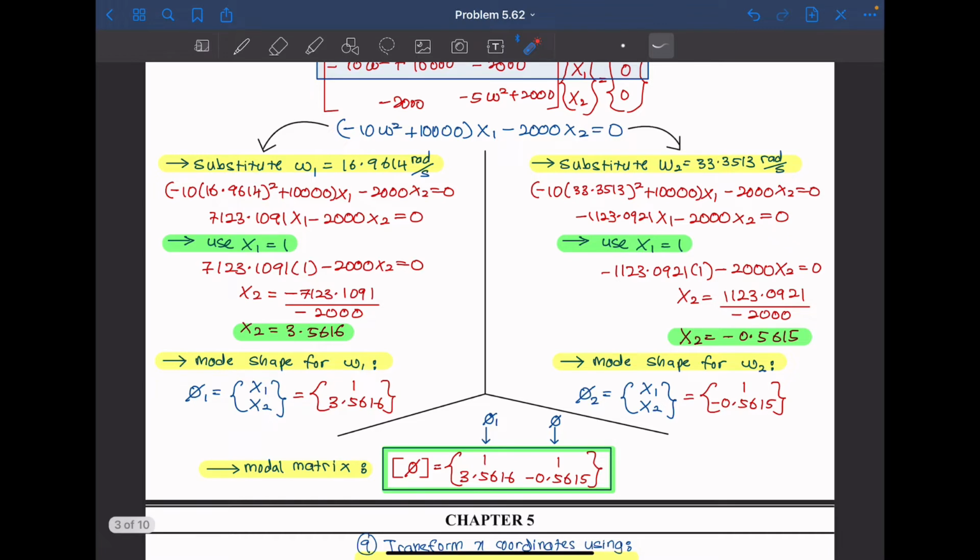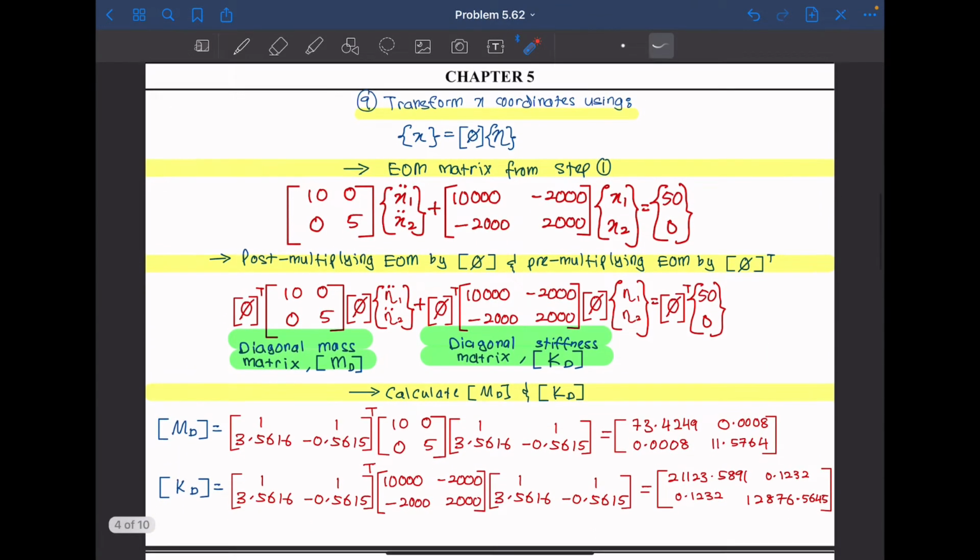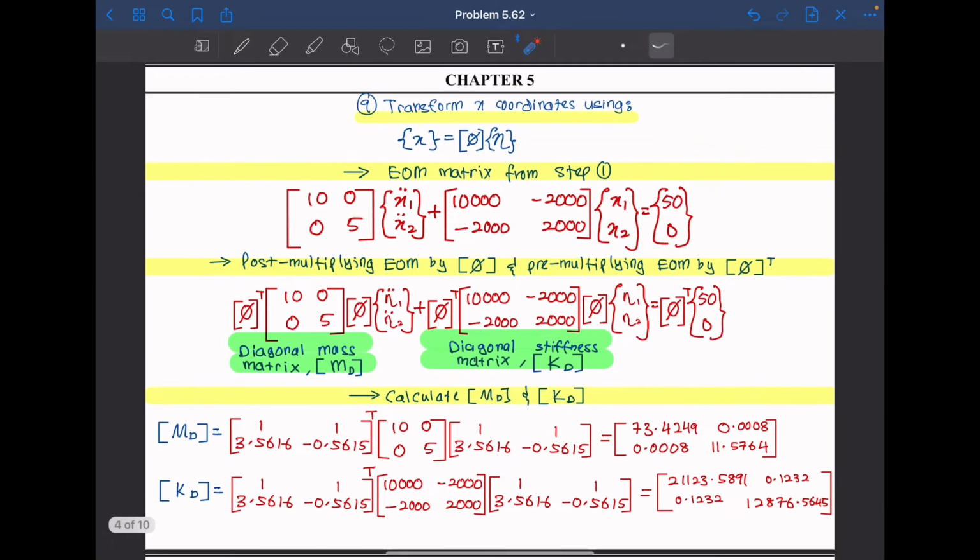Alright, and then next, we are going to transform x coordinates using this formula. These steps that I'm showing you here are the exact same steps that are already written out in your slides, in your modal analysis slide.